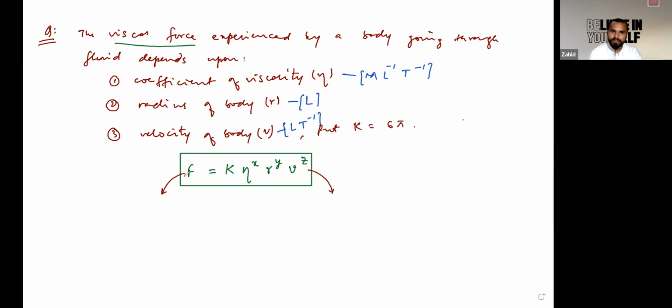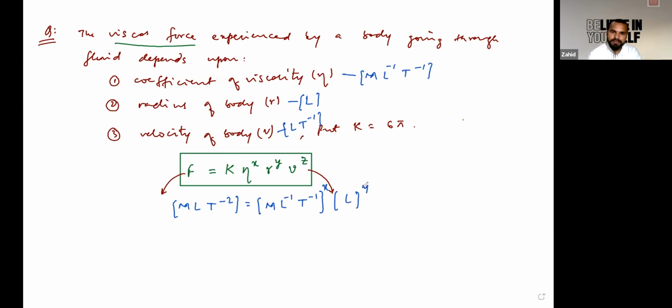In this expression, we have left hand side as force, so it will be MLT^-2. In right hand side, we have k, which is a dimensionless quantity, so just neglect it. Dimension of eta is ML^-1 T^-1 raised to x.